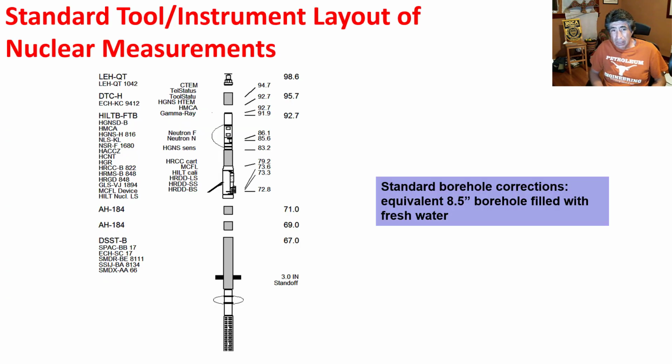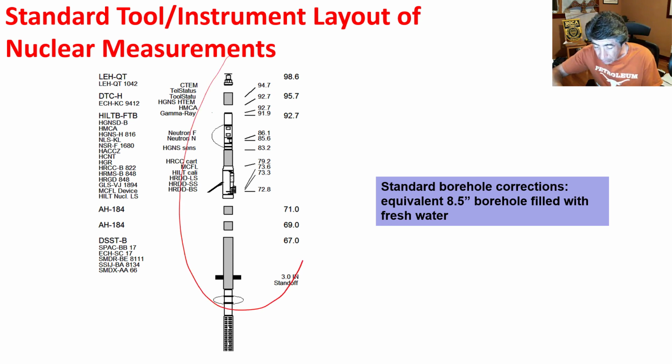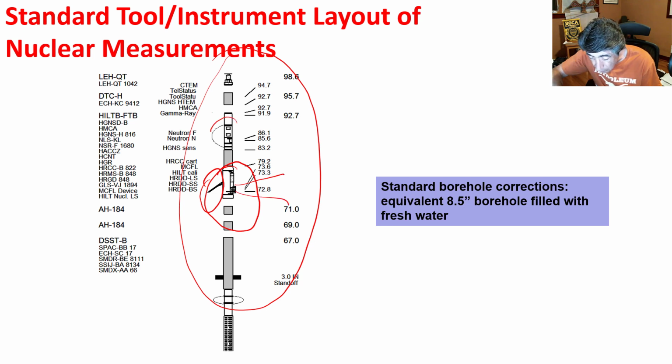Number one, the tools are laid out like this. This is the Schlumberger tool, but let me just mention, the tool string is very long, but the litho density tool has, this is the density measurement right here. This arm is the caliper, pressed against the borehole wall. This measures photoelectric factor and density. Then over here we have the neutron tool on top.